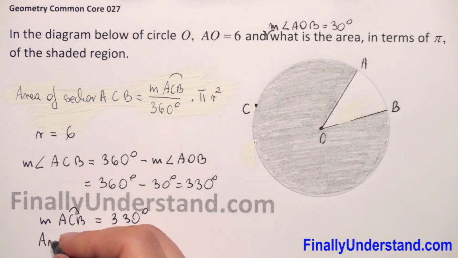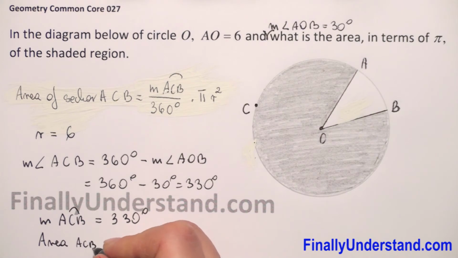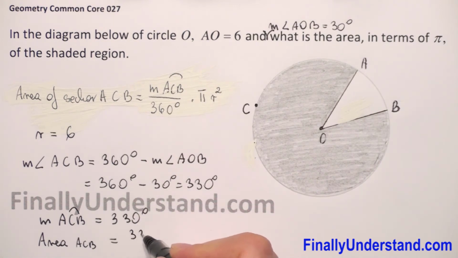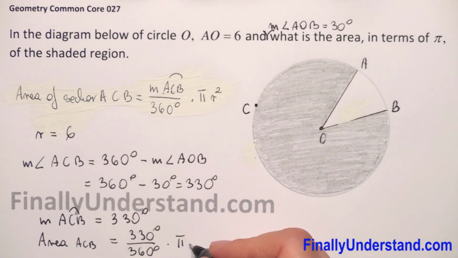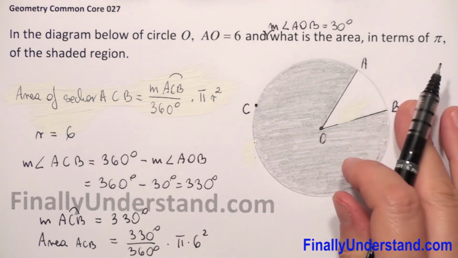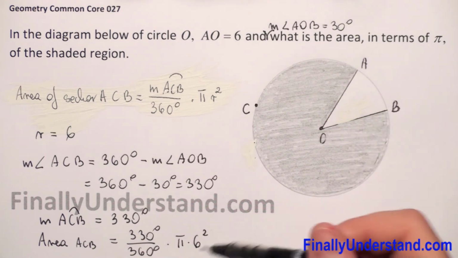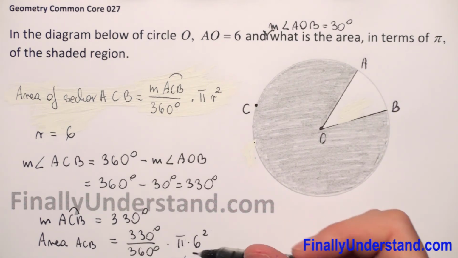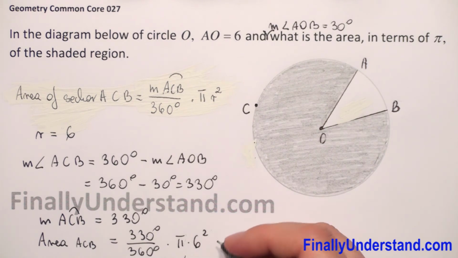So the area of sector ACB will be equal to, the measure of arc ACB we calculated as 330 degrees over 360 degrees times pi times r, which is 6 to the second power. Because we have to find the solution in terms of pi, we will leave the pi and not change it to the number 3.14.